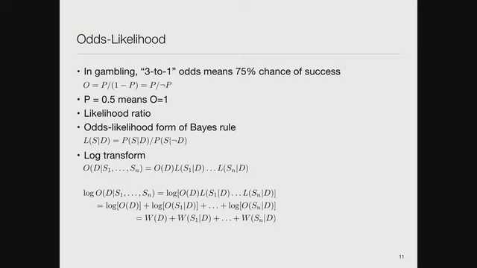Given the independence assumption, the odds of some disease given a bunch of symptoms is just the prior odds of the disease times the likelihood ratio of each of the symptoms that you've observed. So you just multiply these together. And then because they like adding more than multiplying, they said, let's take the log of both sides, and then you can just add them.